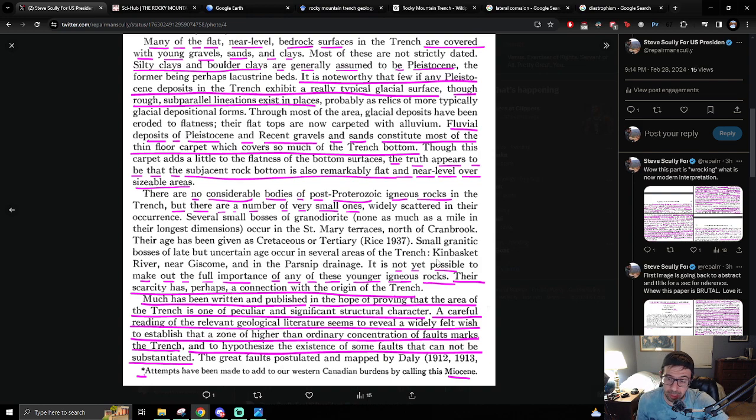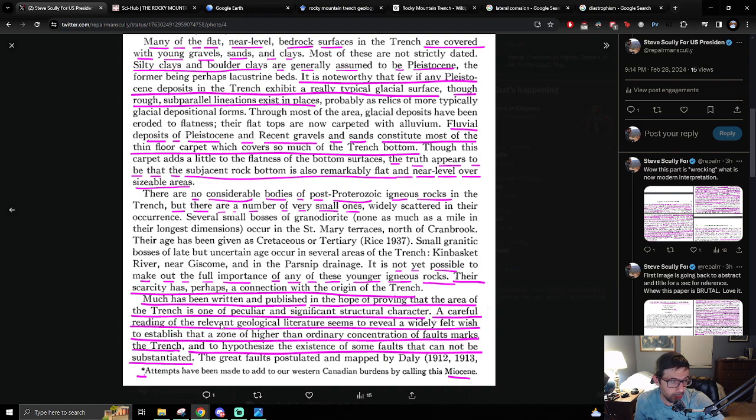I was thinking maybe just the fact that there's this current cutting through, and maybe even current heat exchanging with below the earth in a way that prevents igneous activity. I don't know. Much has been written and published in the hope of proving that the area of the trench is one of peculiar and significant structural character.